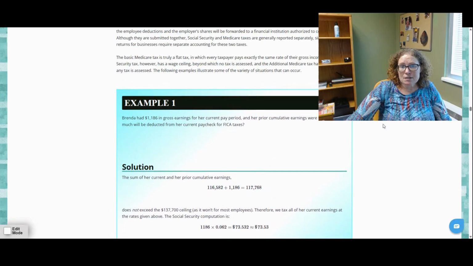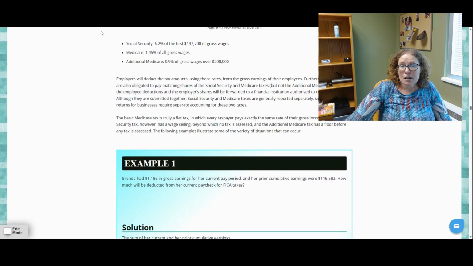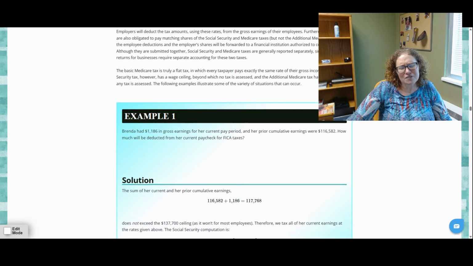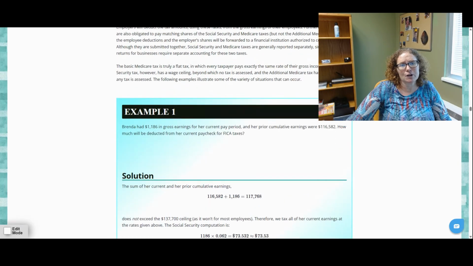Well, that's because, as we looked up here, the Social Security is based on the first $137,700 of gross wages, but not over, and the additional Medicare is on gross wages over $200,000. So you're not always charged all of those. It just depends on where you're at.